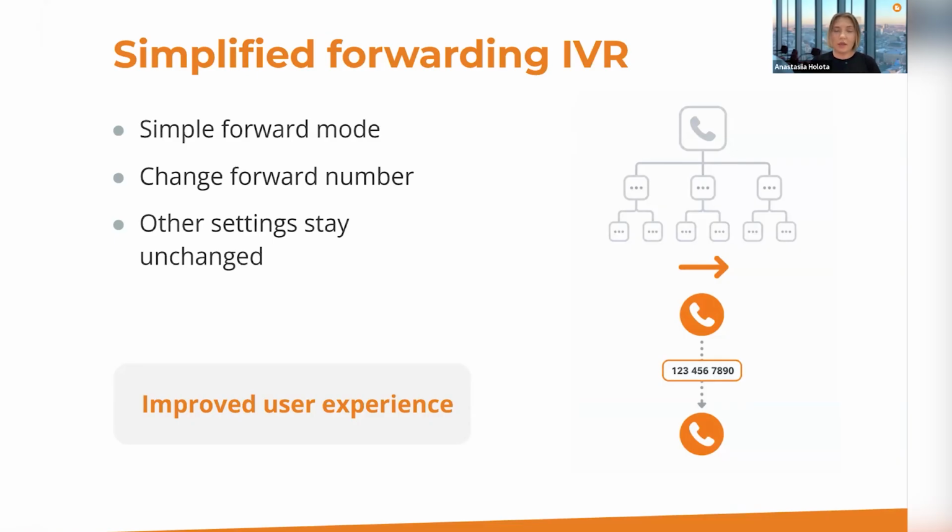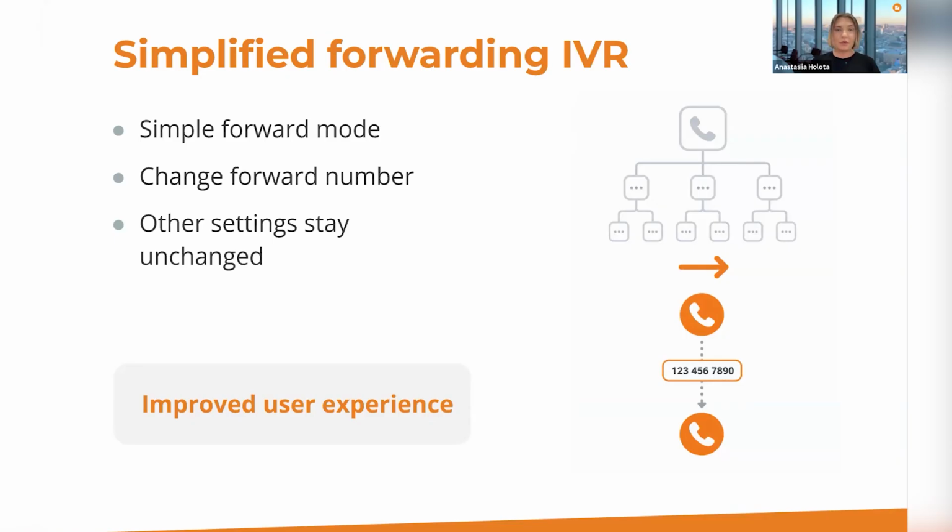But occasionally, the users need to change the number where to forward calls. So let's say due to their traveling or the on-call person changed. The users can do that via self-care portals, or they can request a PBX admin to do that.